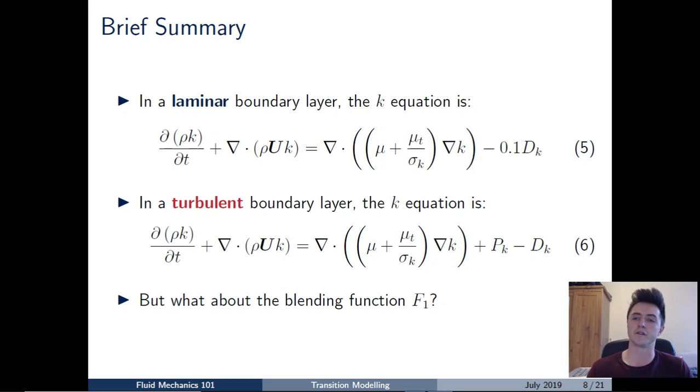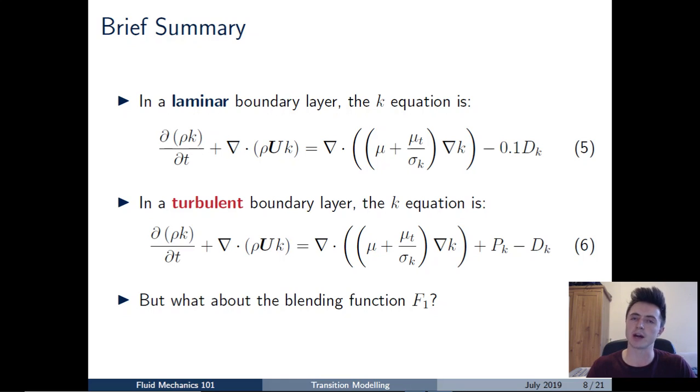But then on the far right there we can see that we still have dissipation, but it's only 10% of our original value, but there's no production of turbulent kinetic energy. Now where gamma takes a value of 1, the boundary layer is fully turbulent, and we reduce to the form given in equation 6, and we're solving the full K omega SST model as we would expect.